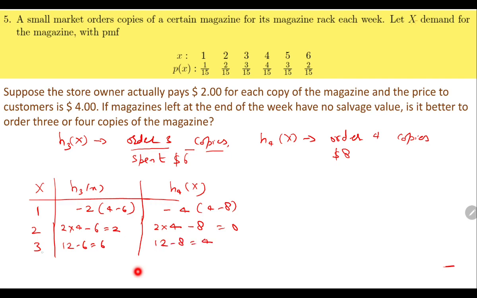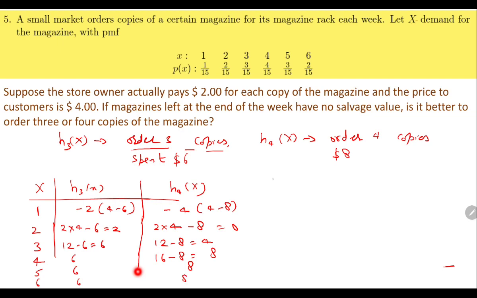Now when 4 copies are in demand, but we have only 3 copies, we can only give 3 copies, so this remains 6 only. In this case we have 4 copies, so 16 minus 8, which is 8. In case of 5 also it remains 6 and 8. In case of 6 it remains 6 and 8.